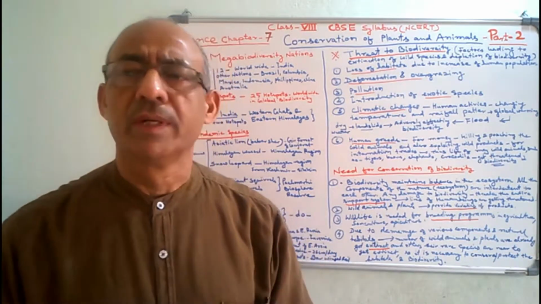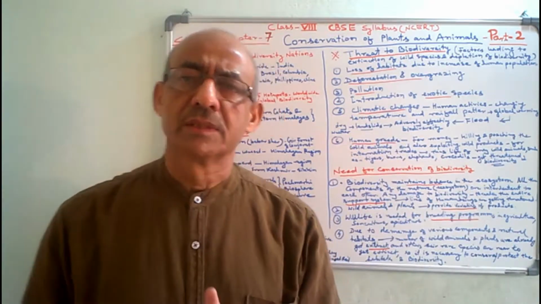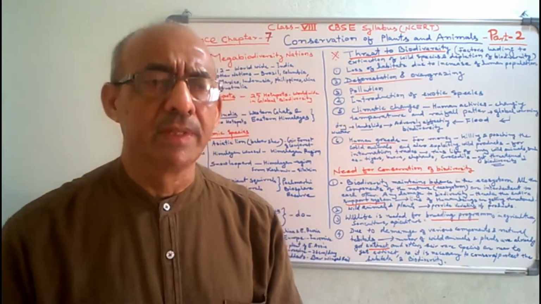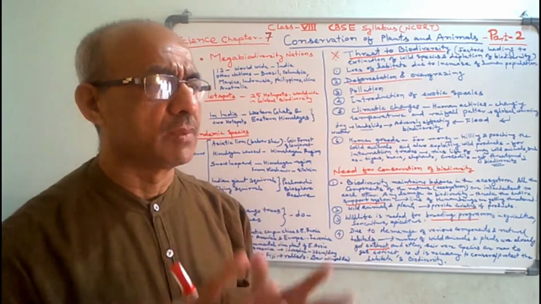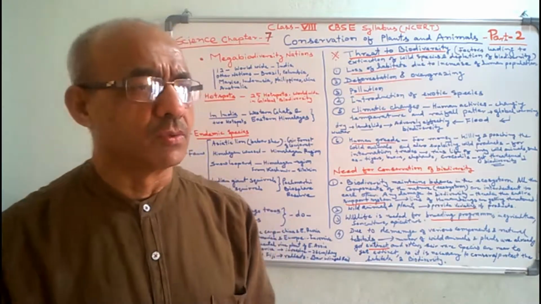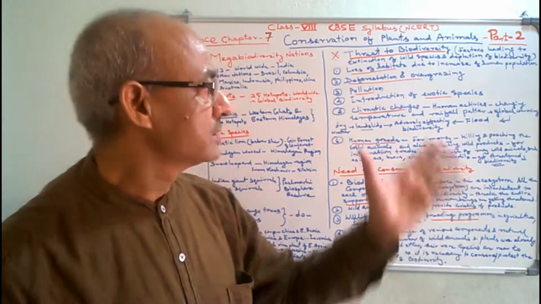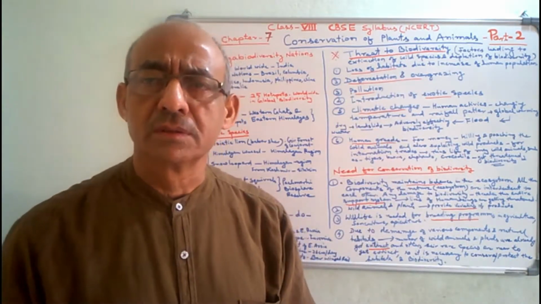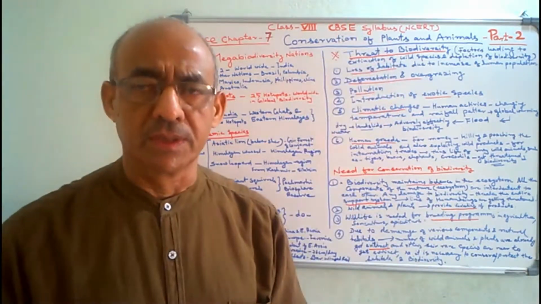And in this way, the various grasslands, which are also habitats for wildlife, wild animals and various types of flora, are in danger. And thus deforestation and overgrazing are among the reasons for the threat to biodiversity.